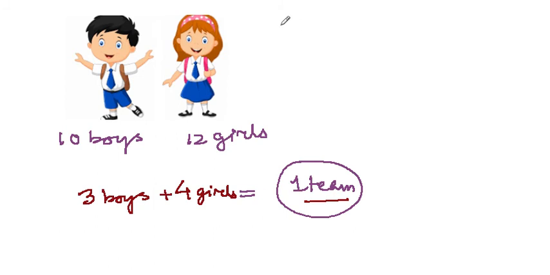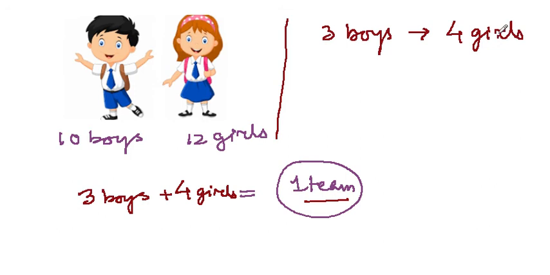So let's do the calculation. So what we say is we have got 3 boys. Like I told you earlier, by comparing the reactants, we can easily find the limiting reagent. So we have got 3 boys that play with 4 girls in a team.